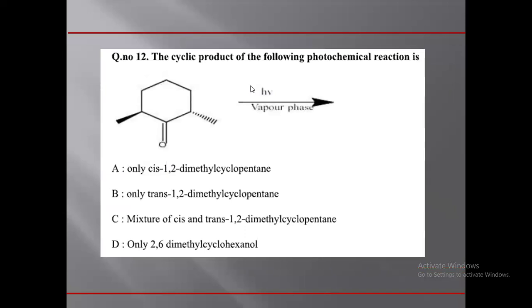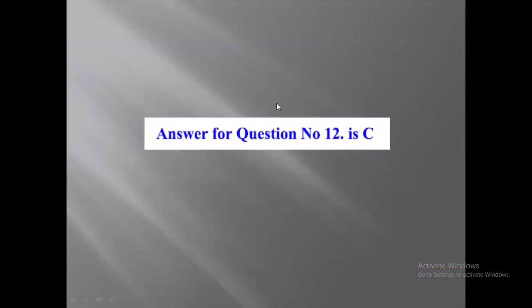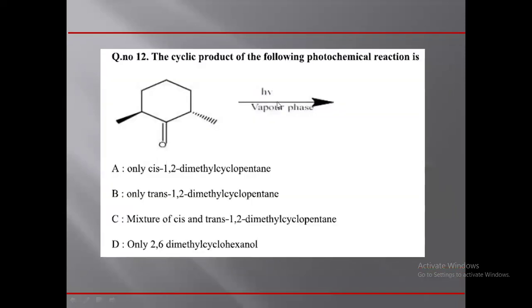Question number 12. The cyclic product of the following photochemical reaction is, you can see the structure, and we are treating this compound with hv in the vapor phase. The first option is only cis 1,2-dimethylcyclopentane, B is only trans 1,2-dimethylcyclopentane, and C is a mixture of cis and trans 1,2-dimethylcyclopentane.